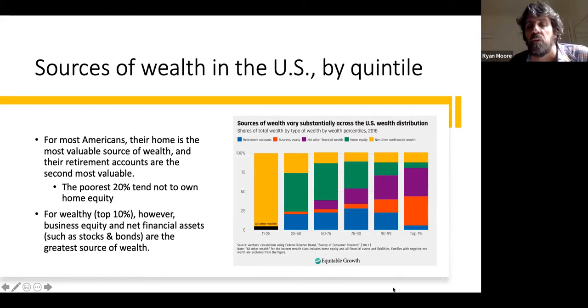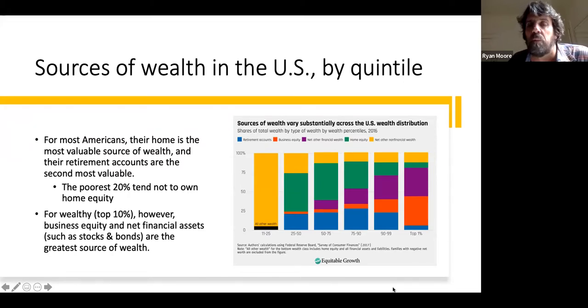Whereas for the next group over, the 25 to 50%, the most valuable thing they have is basically their home equity. That's the green. And that's also the case for the 50 to 75%, people we would call middle class or a little bit upper middle class. Again, the green is the most valuable thing they own.